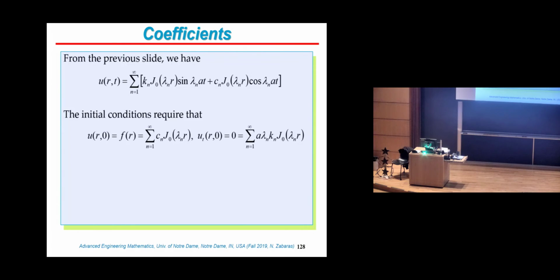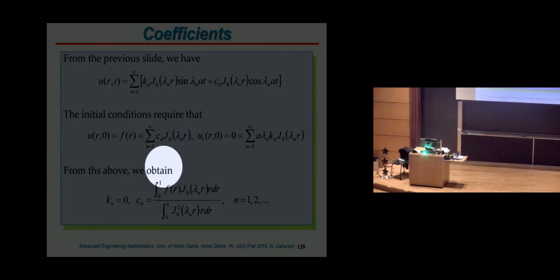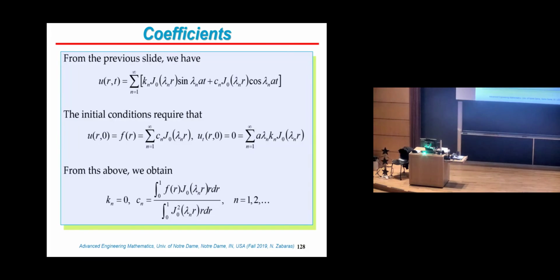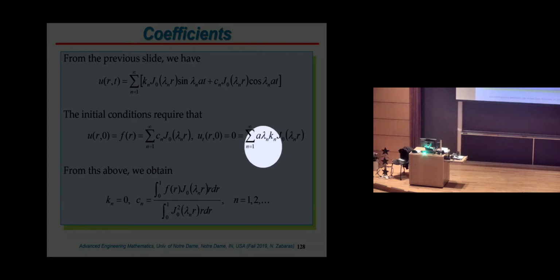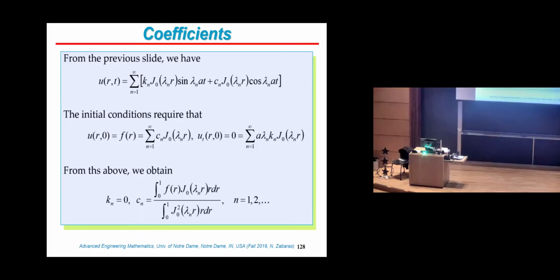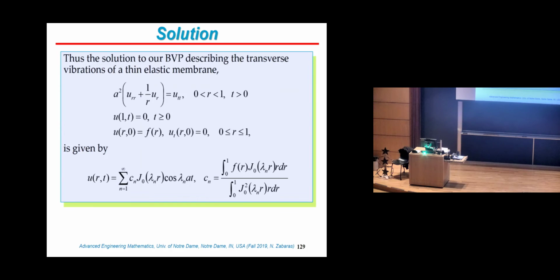There is no x because everything is in polar coordinates. It's R, okay? Divided by the normalization factor, J0 squared times R. The other coefficients, the Kn with the sine term here, you get zeros, okay? And that's the answer, done.